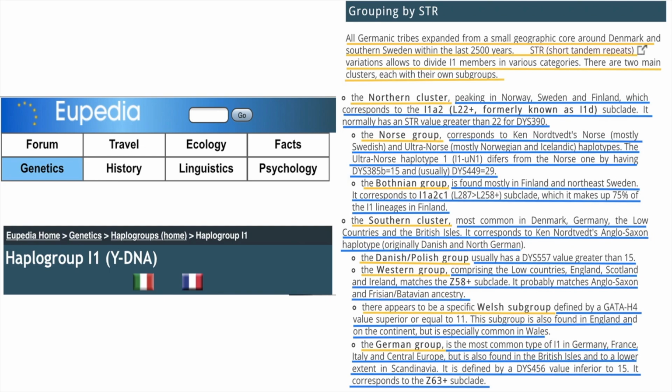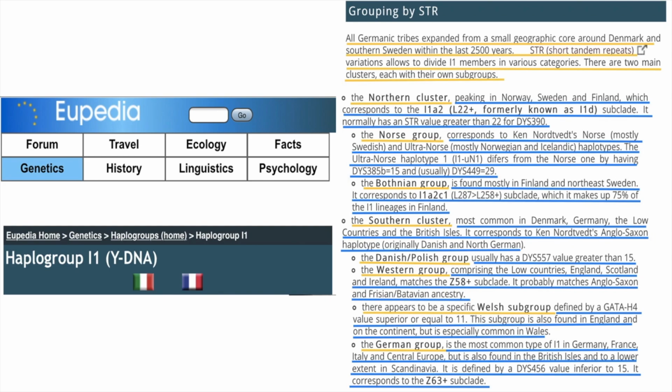STR, or short tandem repeat, variations allow us to divide I1 members into various categories. There are two main clusters, each with their own subclades. So you have the northern cluster, peaking in Norway, Sweden, and Finland, which corresponds to the I1a2 subclade.